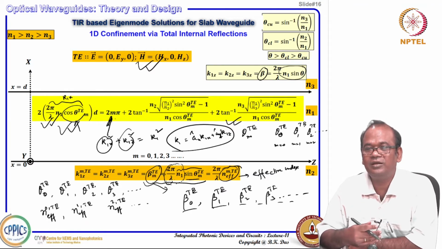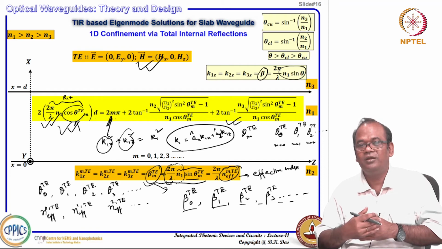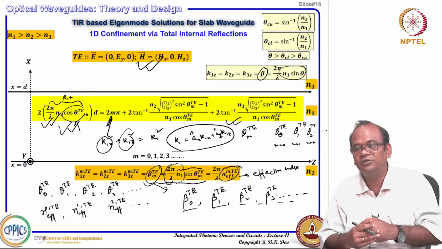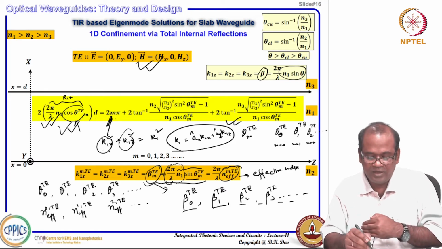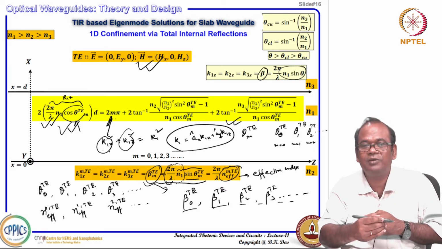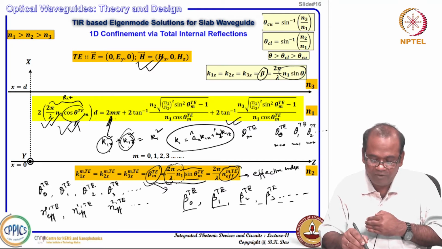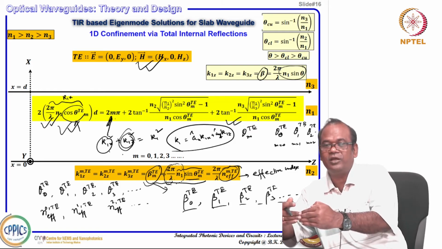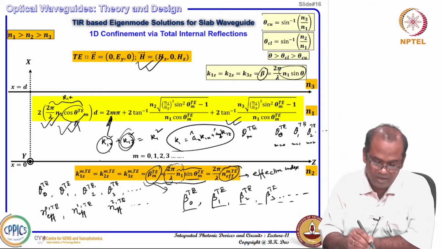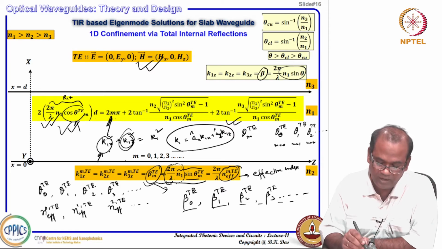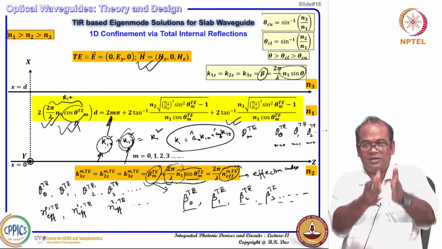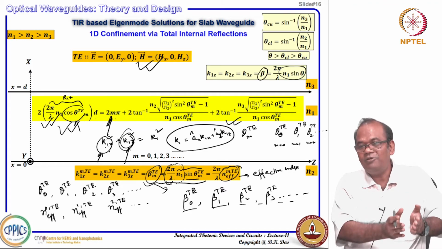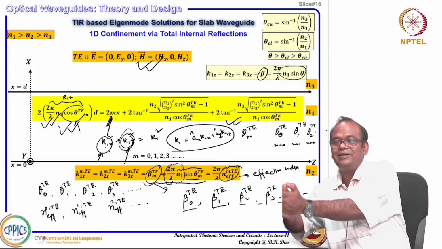One discretized k1x will give one particular standing wave pattern along the x direction, and the corresponding k1z defines how that pattern will propagate along the z direction. So, every m entry will give you a set of k1x and k1z. k1x gives a pattern along the x direction, the field distribution, and k1z gives how that field will propagate along the z direction.